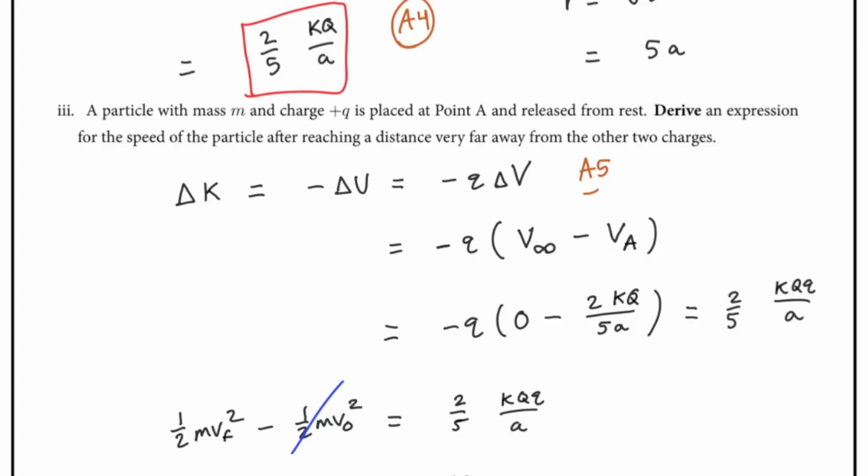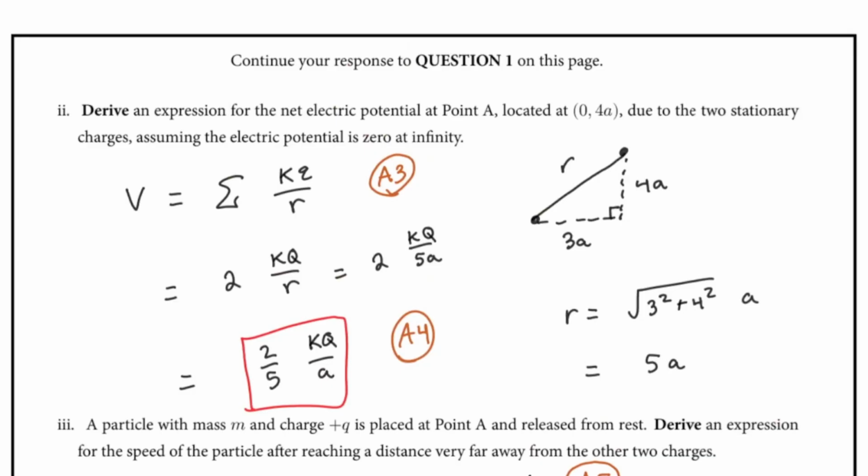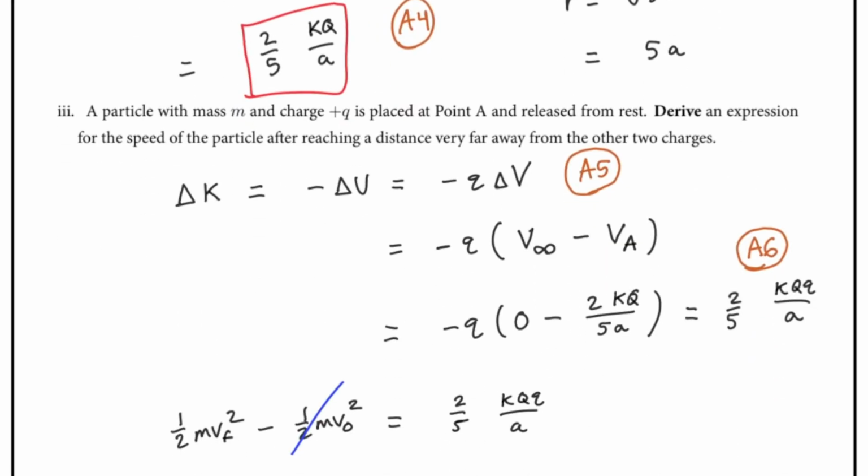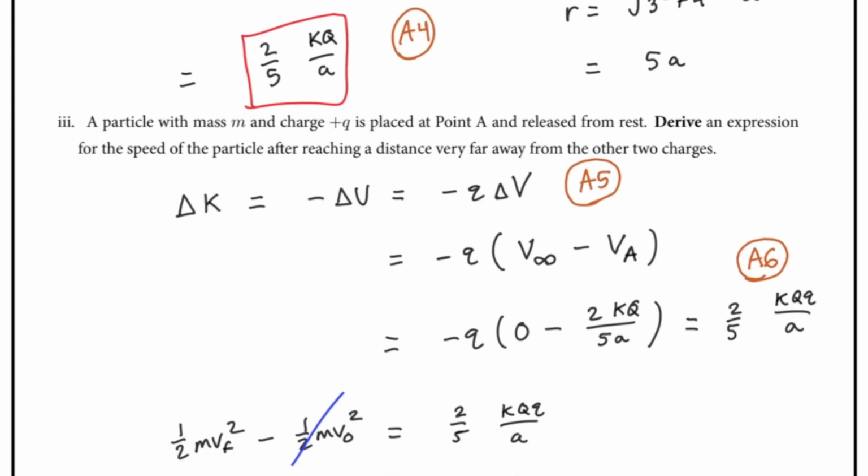Doesn't matter if it's correct or not, but if there's a multi-step energy thing going on, there's A5. You get A6 for correctly using your potential difference consistent with part 2. So if you plug in your delta V or plug in a 0 and V or anything like that that involves your part 2 answer, you can do that.